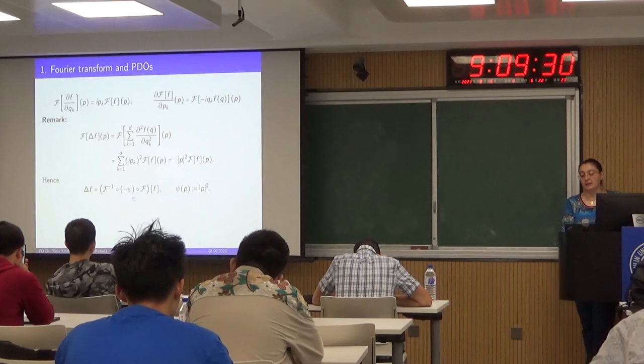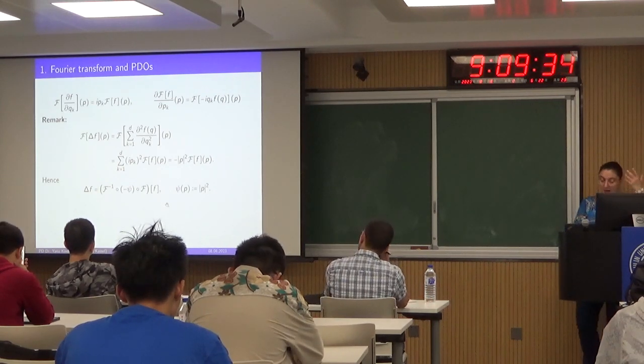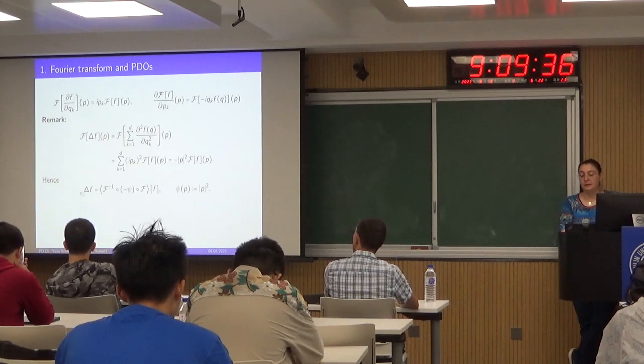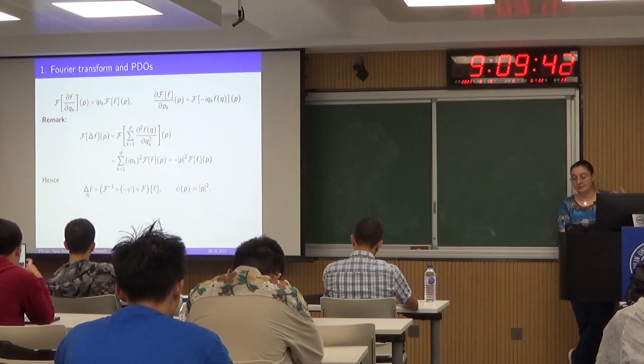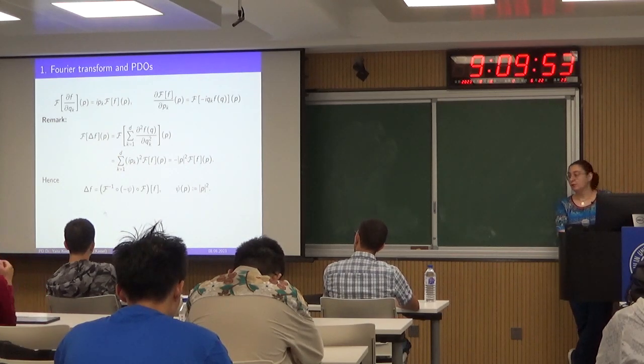This is what is written here. So you see, I have a differential operator which I can represent in this form. How do I apply the Laplace operator? I take a function, I apply the Fourier transform, I multiply with this function, minus norm of p squared, and then apply the inverse Fourier transform.